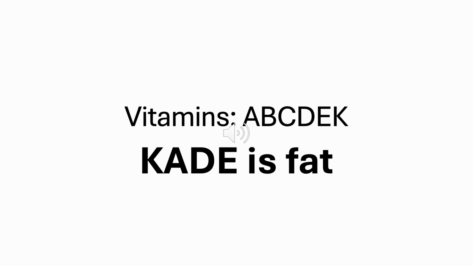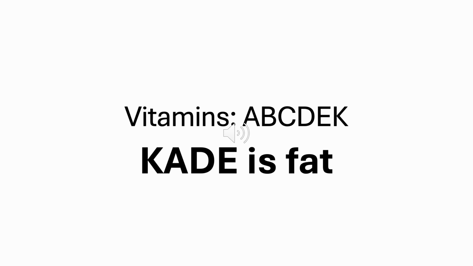We have vitamins A, B, C, D, E, and K. There's an acronym: Katie is fat. K-A-D-E. Katie is fat. The vitamins K, A, D, E stand for fat-soluble vitamins.